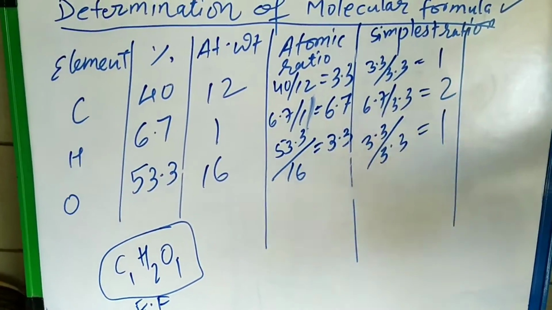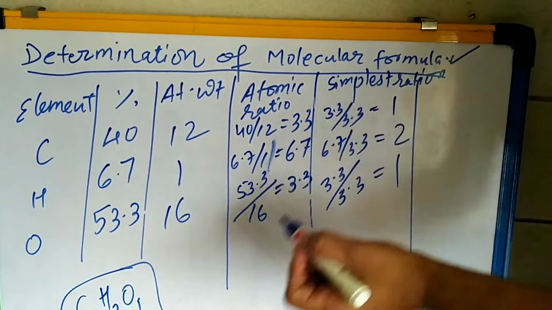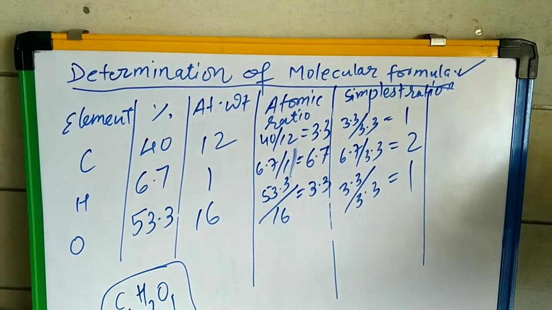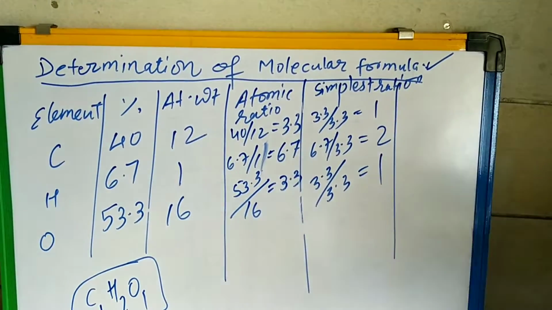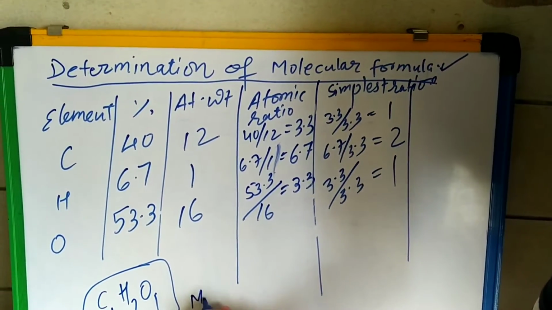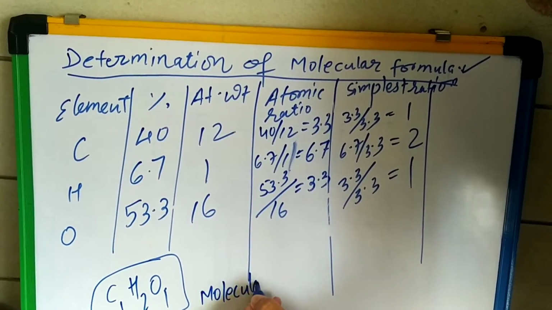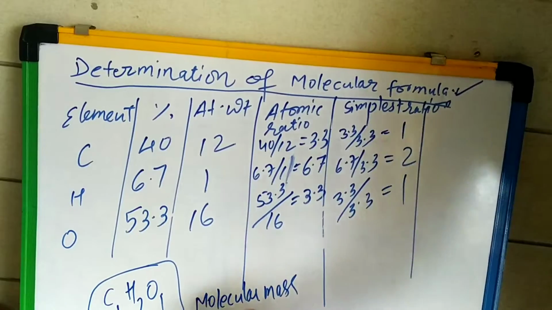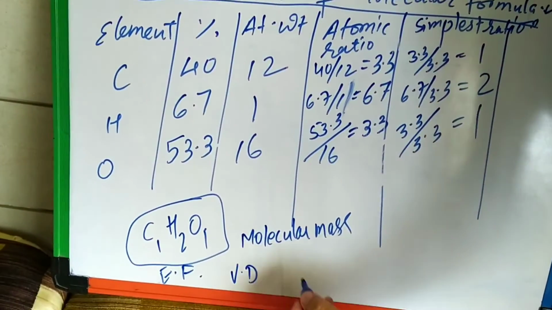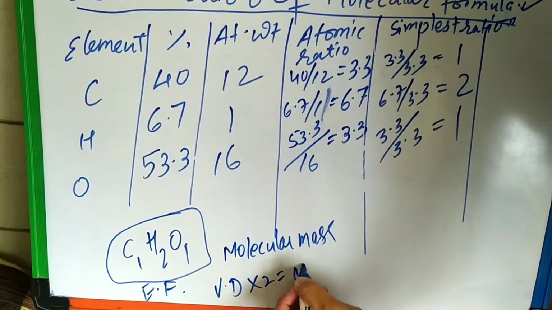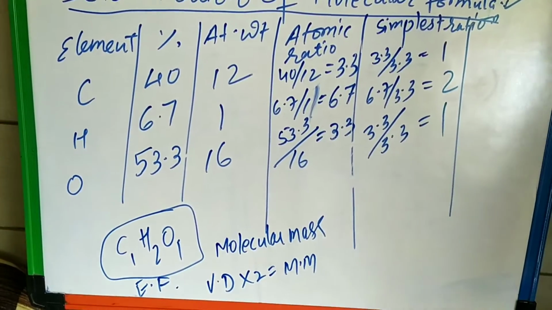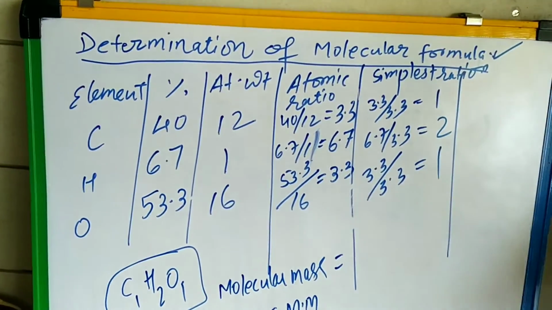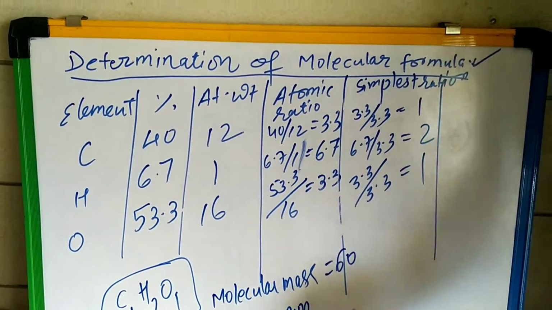Now see how to find the molecular formula from the empirical formula, right? Students, in the question, either the molecular mass will be given or Vd will be given, vapor density. We know that 2 into Vd equals molecular mass. So in our question, the molecular mass of the compound is given and that is 60, right?